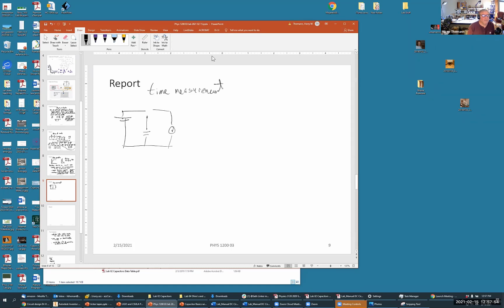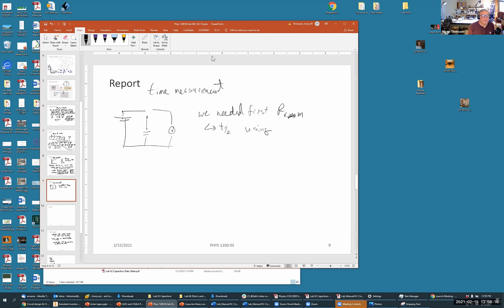So we needed first our voltmeter. And we got that from measuring T1/2 using this equation.